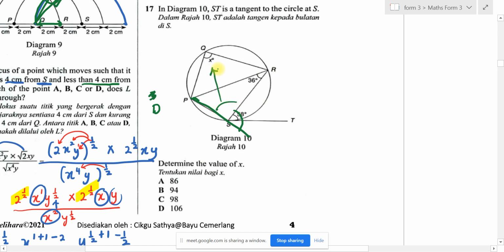But unfortunately, this is not a straight line. As the only information given was that ST is a tangent, there is no other information.